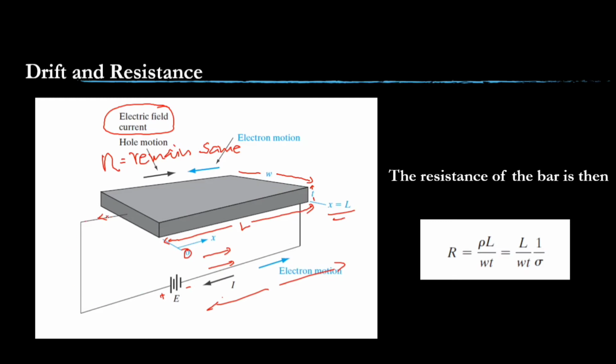The electron will flow this way. What about the holes? The holes move this direction, and at the point x equal to L, what will happen? The hole is going to recombine with the electron which is supplied by the source.